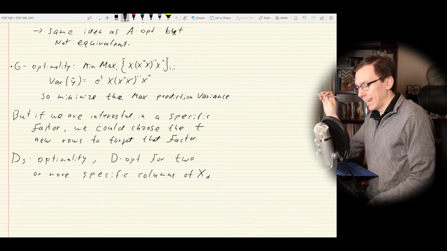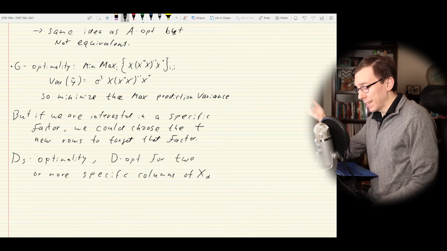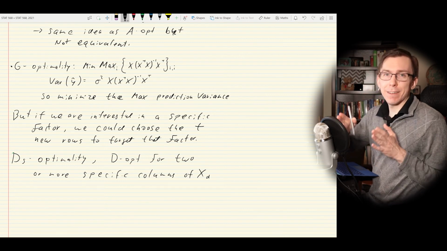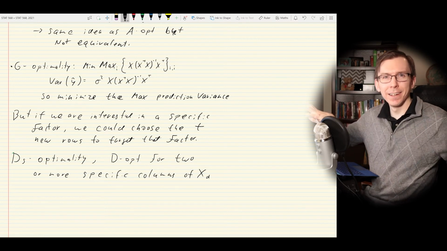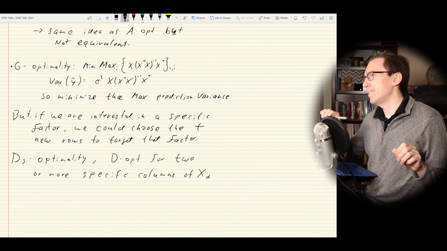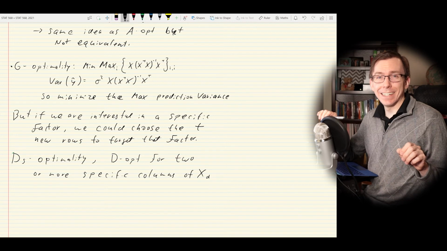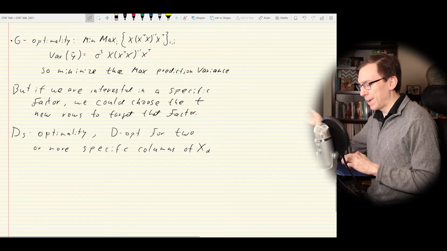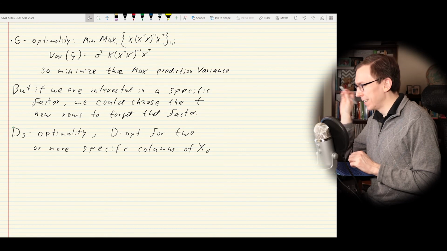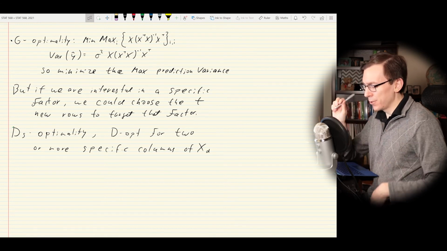So again, if I have two columns or two main effects, let's say, that are of particular interest, and I want to make sure that they're not interfering with each other in some sense, I can target my follow-up data collection to focus on those two columns.